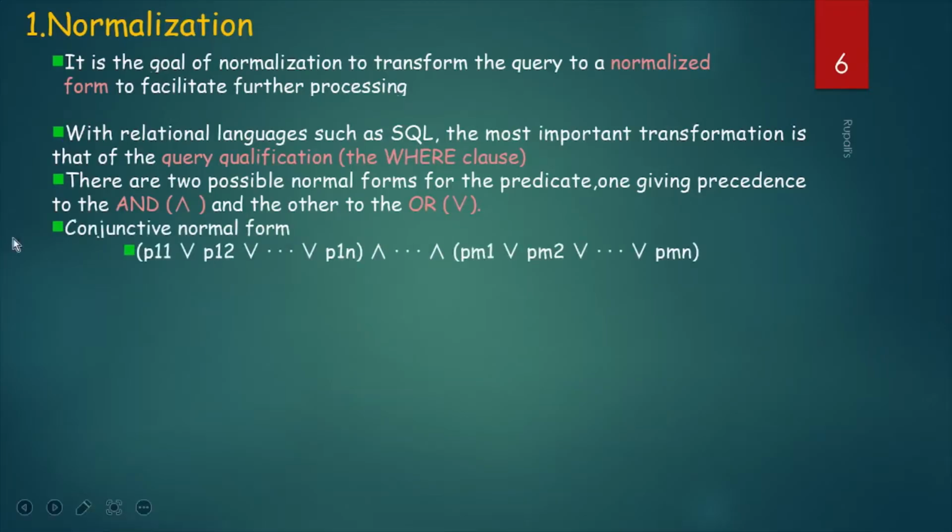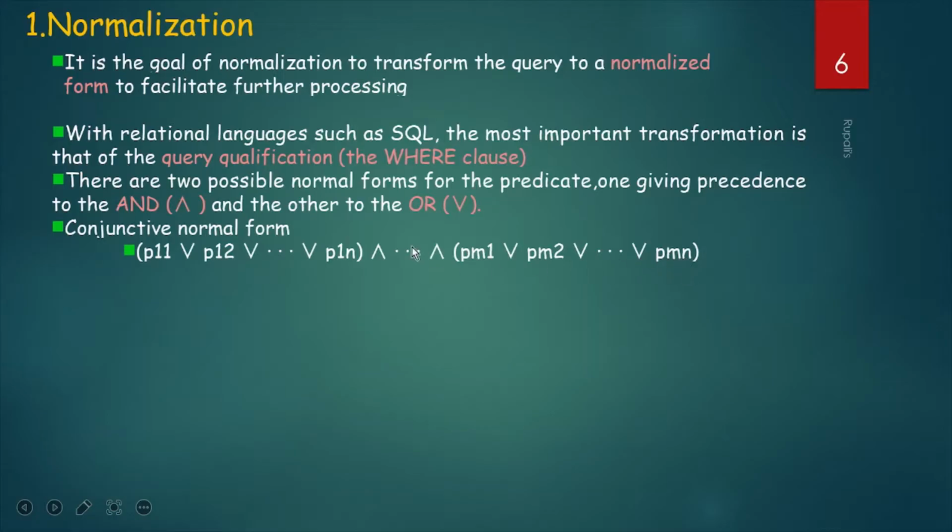First one is conjunctive normal form, that is first predicate P11 or P12 or P13, in this way P1n, then close the bracket and then AND the second condition, and then AND PM1 or PM2 or in this way PMN.